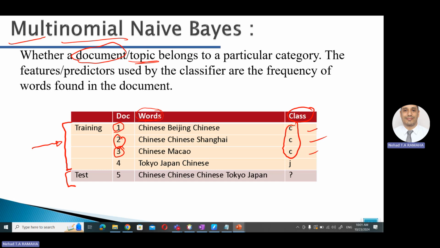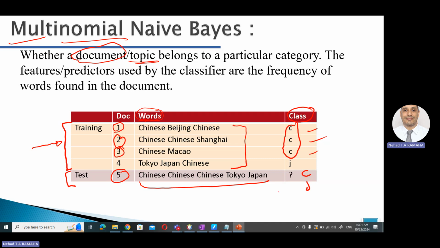So, depending on this training set, we have to test this document, document number 5, and classify it into the C or J category. For multinomial or nomial, we have a little bit different here.